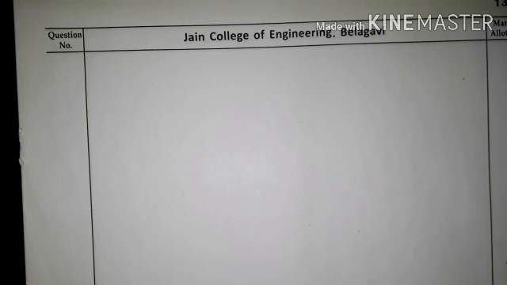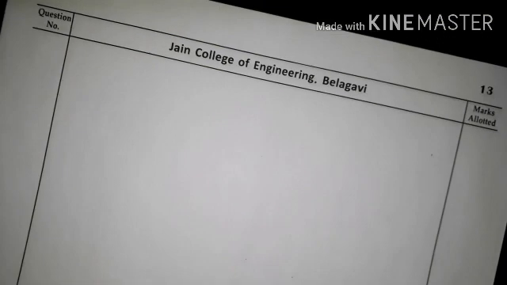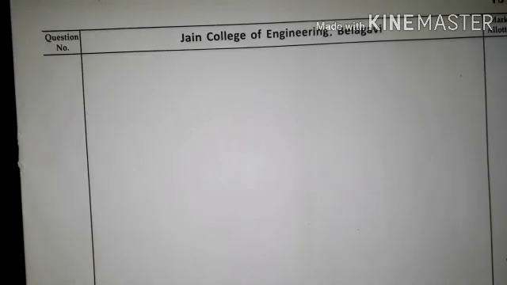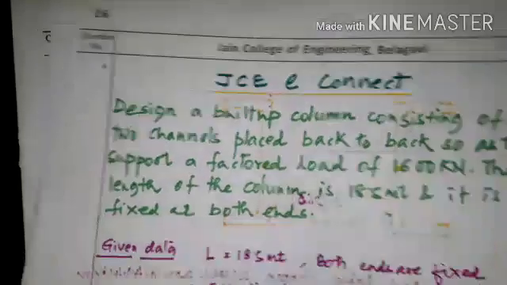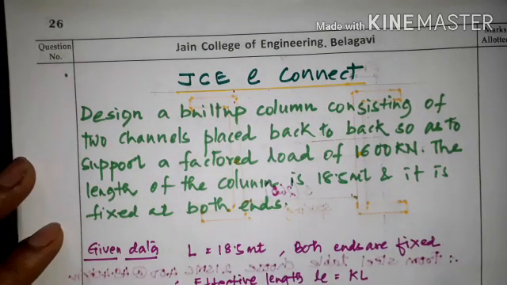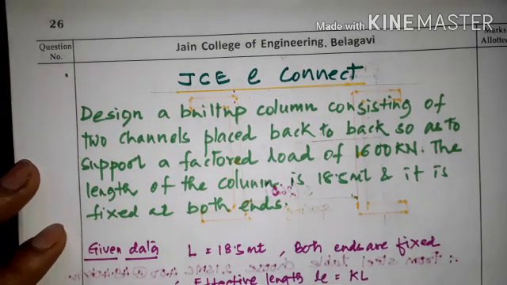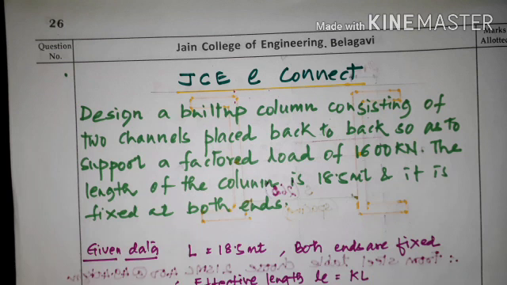So in the previous session we solved a problem on the design of a built up section consisting of two channels placed back to back, and we designed a single lacing system for that.